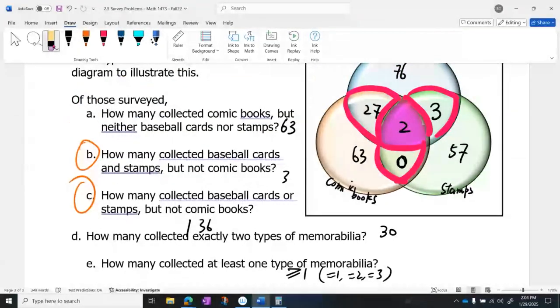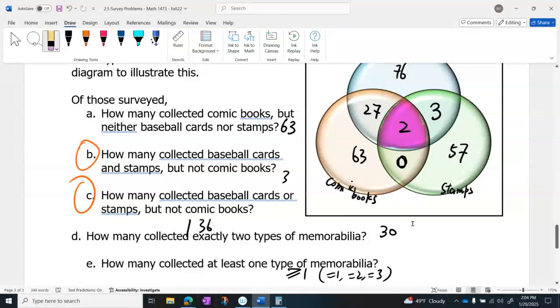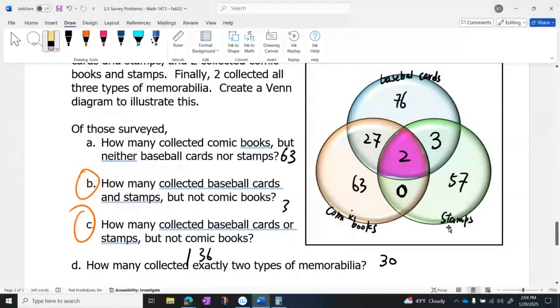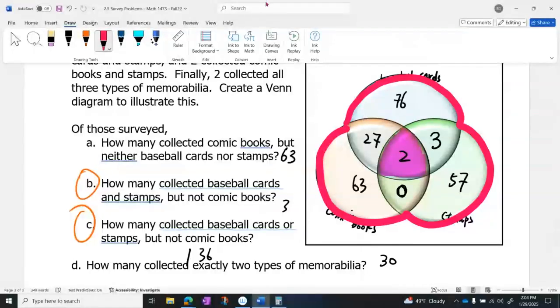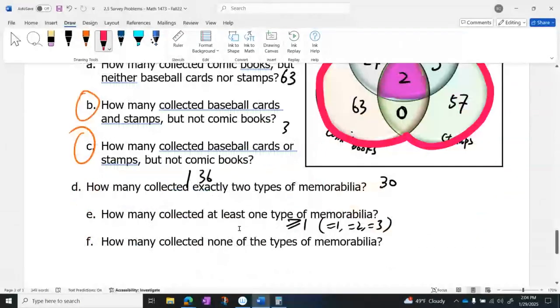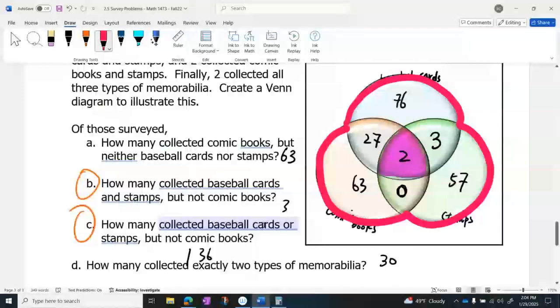Another way to describe that set is A or B or C, right? At least 1. Do you agree this region represents at least 1? You just need to add all of them together.